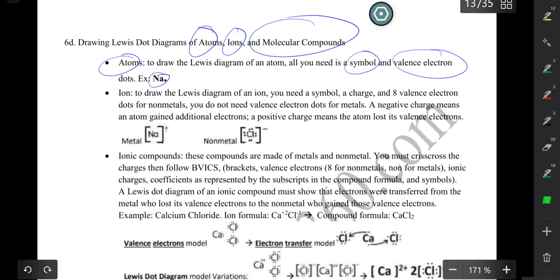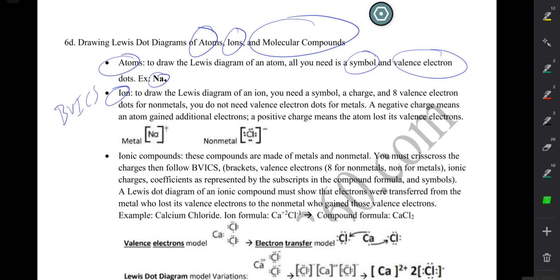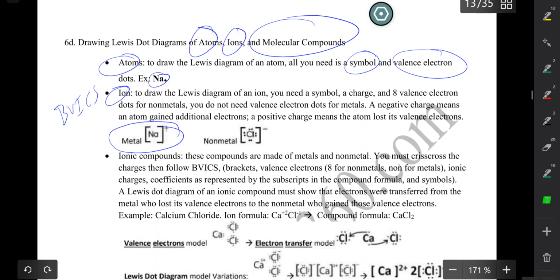Now, if you're drawing a Lewis dot diagram of an ion or an ionic compound, all you need to know is that you're going to have to follow the BVICS rule. If you're doing it for an ion alone, like let's say the metal ion, then all you need is brackets, the symbol, and the charge of the ion.